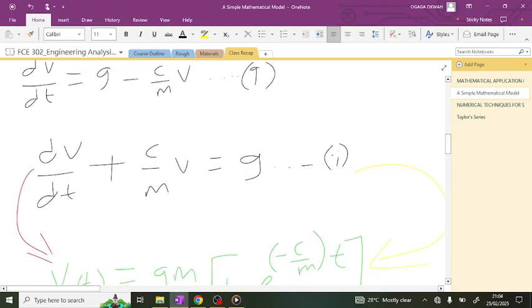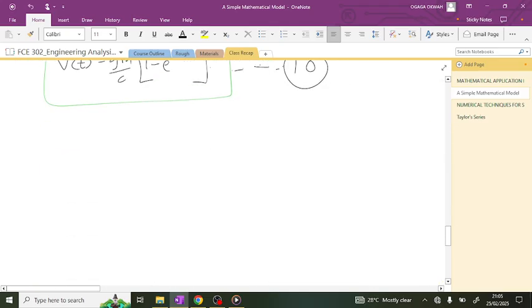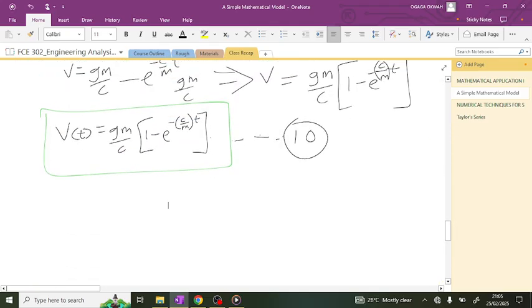So in the case where we have math models whose differential equation we cannot solve exactly, what should we do? We are going to develop a numerical solution for it.